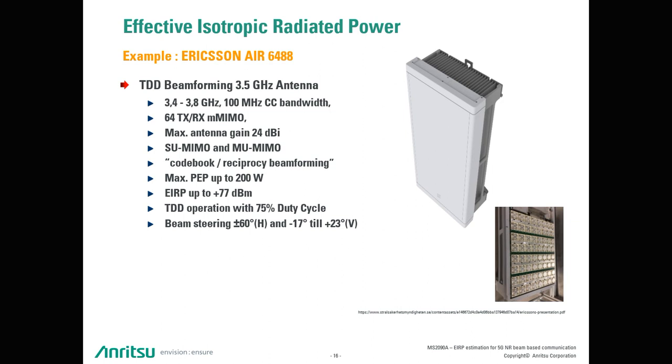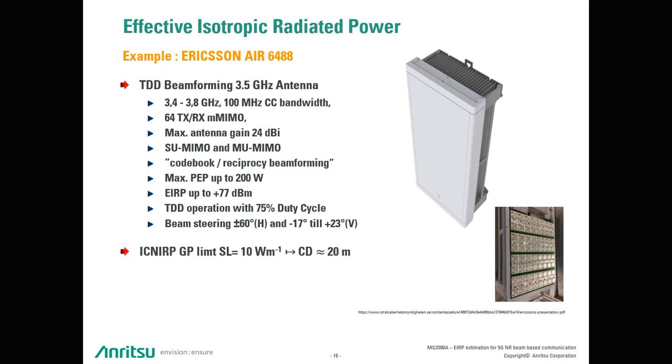Here we have another example for a highly integrated AAS, active antenna system, for frequency range 1, without any RF connector anymore. It is the Ericsson EIR 6488, where a theoretical maximum EIRP value of plus 77 dBm, depending on duty cycle and power tolerance, is possible.